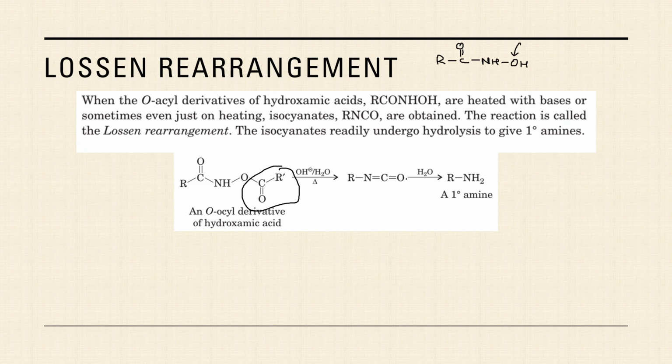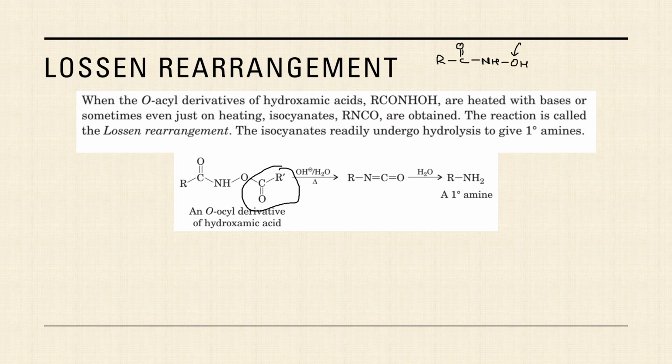This is known as Lossen rearrangement. ये देखने में वैसा ही लग रहा है कि जो हमने कर्टियस में देखा, जो हमने हॉफमैन ब्रोमाइड में देखा. चलो देखते हैं कि हाउ डू वी प्रिपेयर दिस O-acyl डेरिवेटिव. ओके, सो O-acyl डेरिवेटिव बनाना डिफिकल्ट नहीं है.